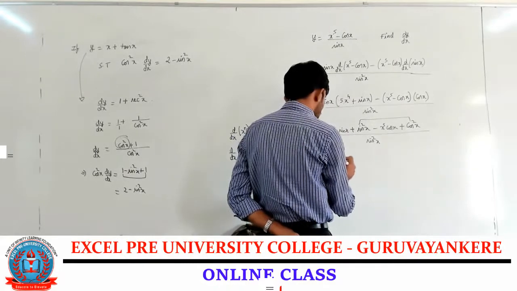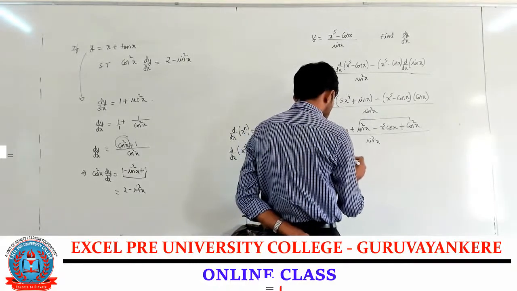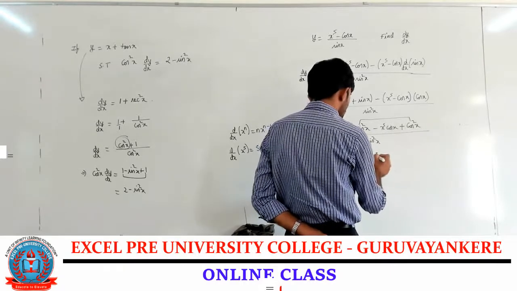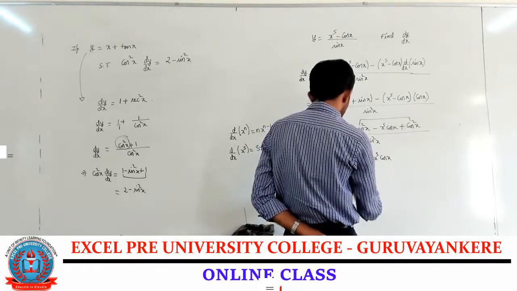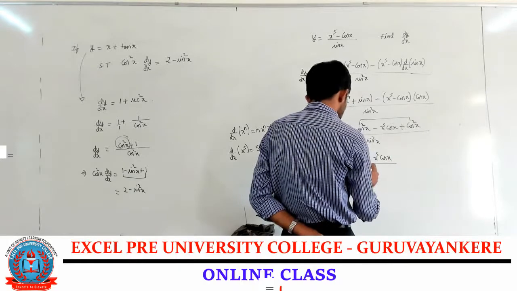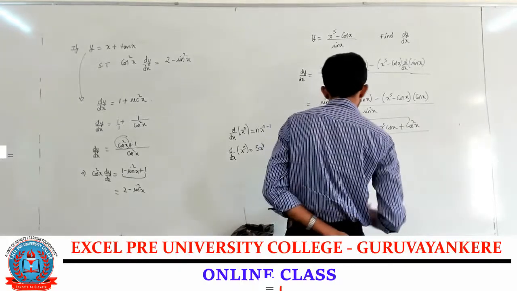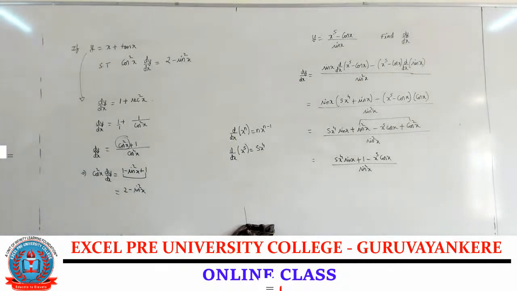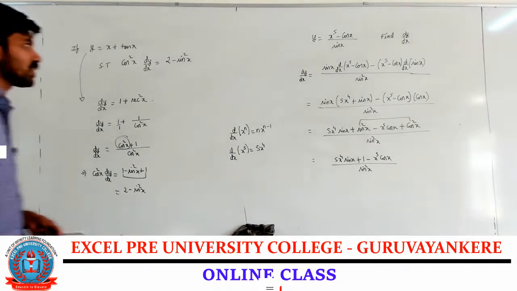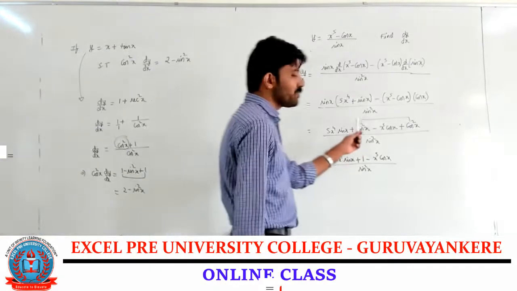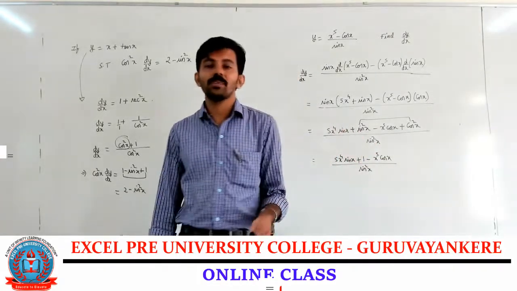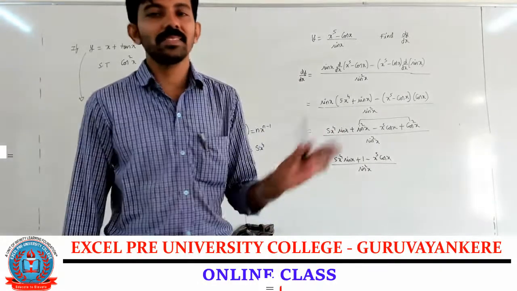What we get is 5x power 4 sin x, sin square plus cos square is 1, minus x power 5 cos x, whole divided by sin square x. Just learn all the formulas and all the rules, then it is easy to solve the problems.